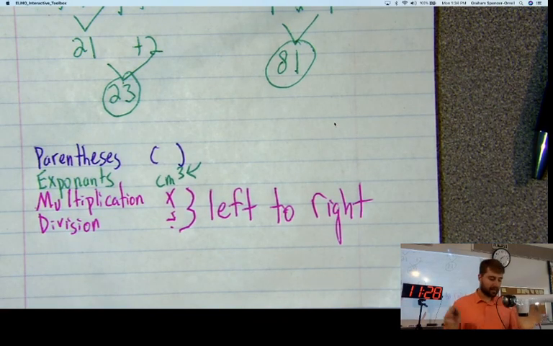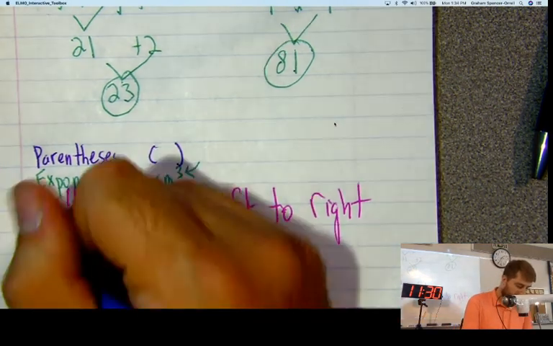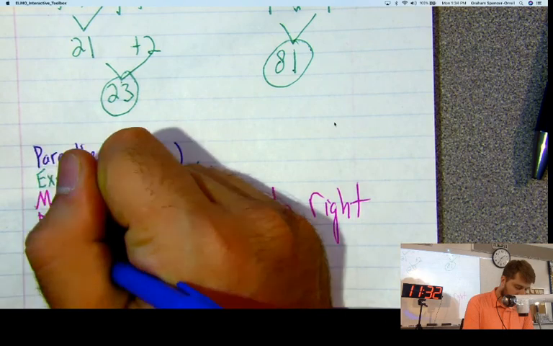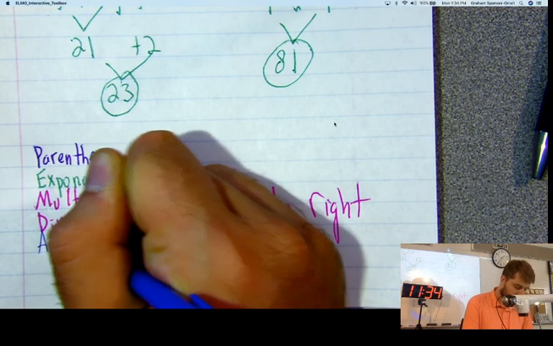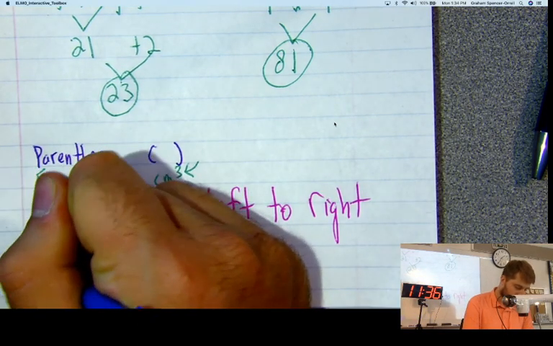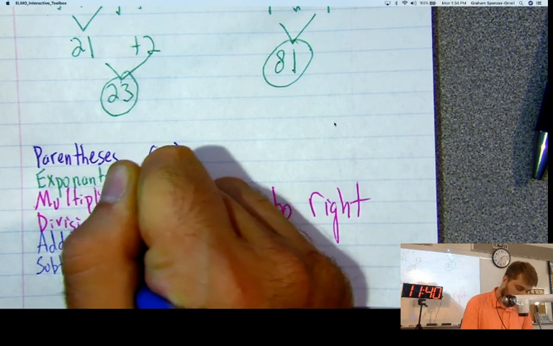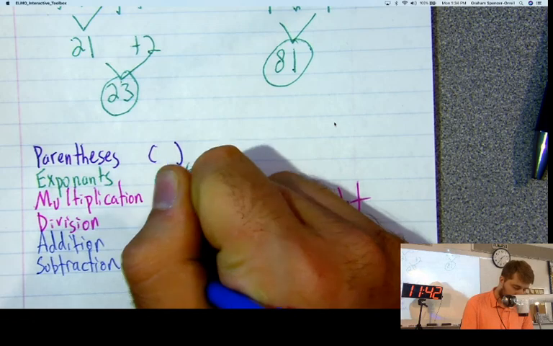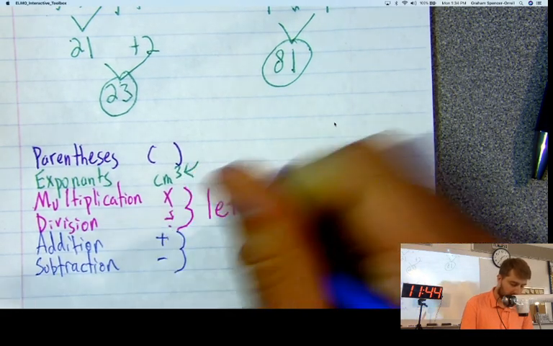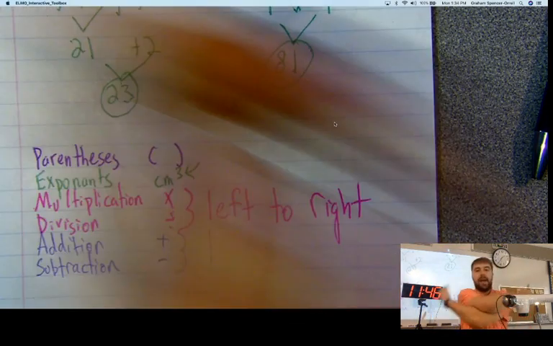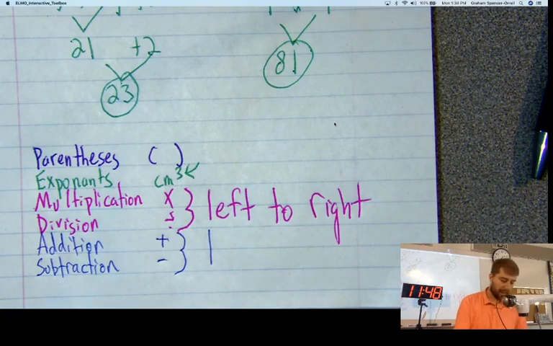Now we have the last 2 things that have come down to addition and subtraction. And we group these 2 together too and work addition and subtraction as a pair, hugged together, left to right.